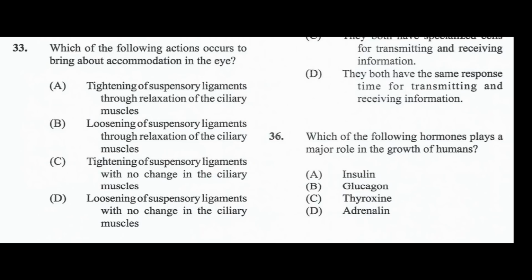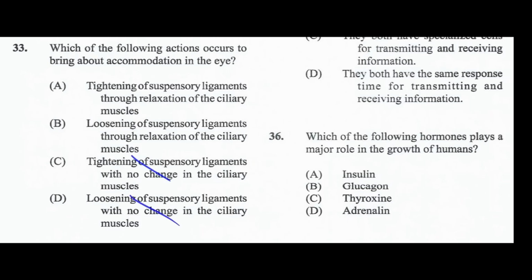The options: tightening the suspensory ligaments through relaxation of the ciliary muscles, loosening the suspensory ligaments through the relaxation of the muscles, tightening the suspensory ligaments with no change in the ciliary muscles. That's definitely not the answer.